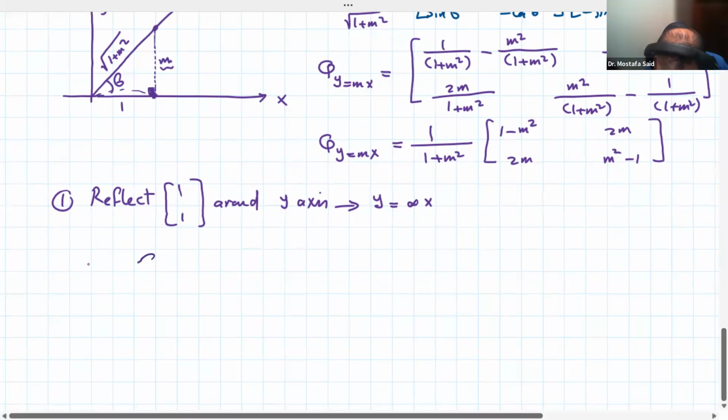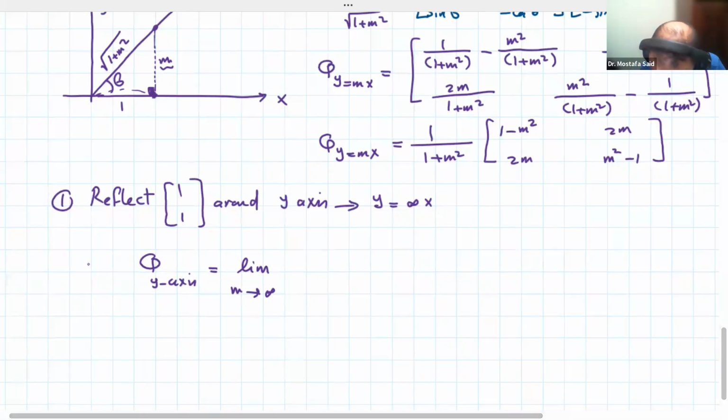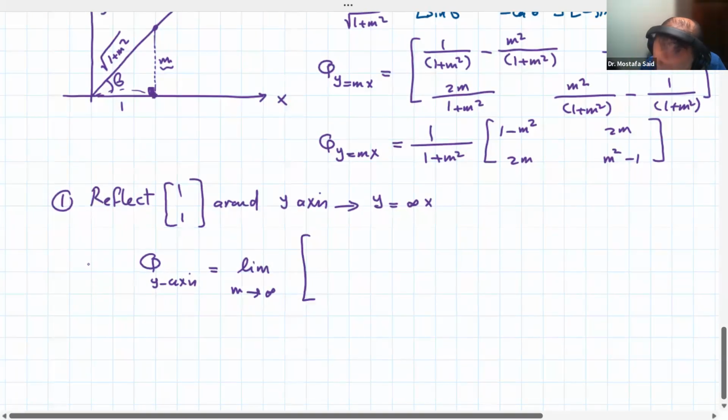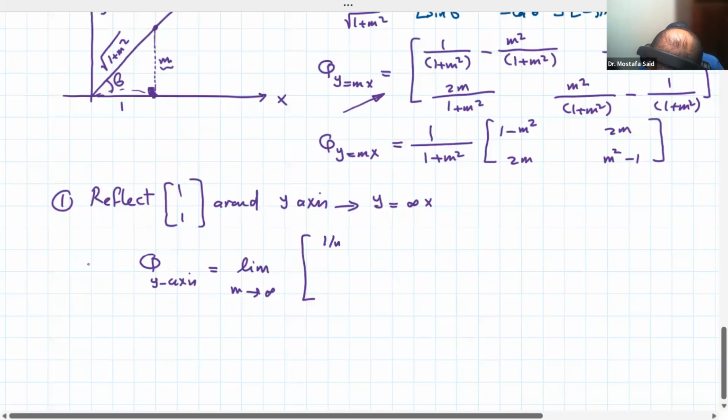Okay. So the reflection about the y-axis equals the limit as m approaches infinity. And it's better to substitute here in that equation. So we divide by m squared. So 1 over m squared, 1 over m squared plus 1 minus... you can have 1 here, 1 over m squared plus 1.